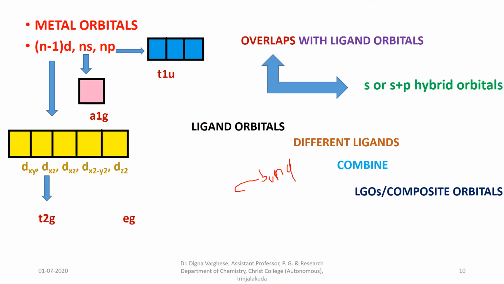A sigma bond within the complex means a metal orbital, say the s orbital, must be capable of a positive overlap with the ligand group orbital directed along the bonding axis. The bonding axes are x, y, z.